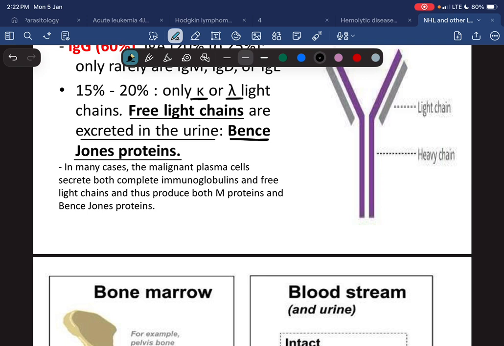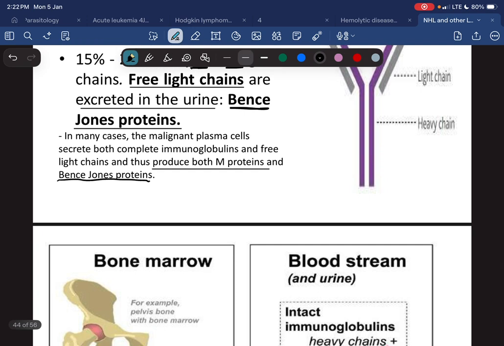While the M protein, if the kidney or glomerular function is intact, will not be excreted. The full immunoglobulin is only detected where? In the blood. So in blood or serum, we can detect the light chain and the M protein. In urine, if we have a Bence-Jones protein, the light chain can be detected.